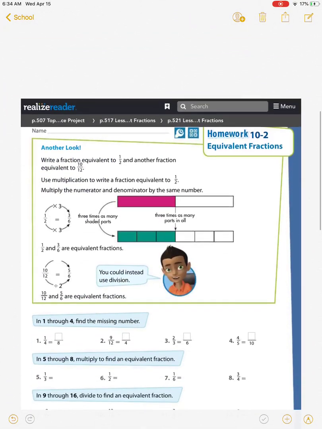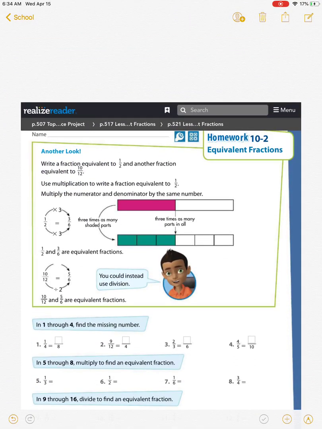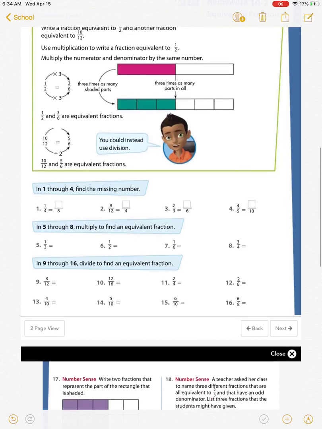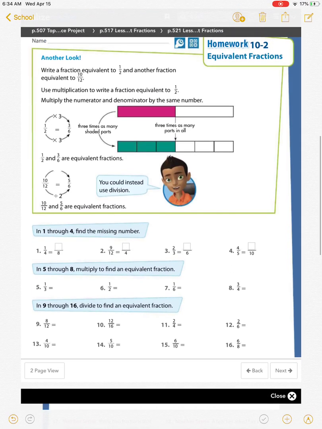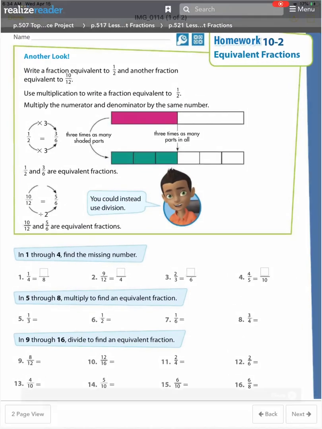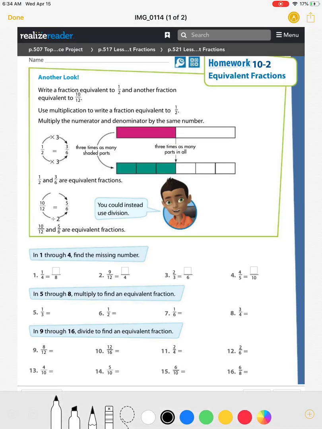Now let's look at our workbook page. In 1 through 4, find the missing number. So we have some missing numerators up here to fill in. So just like the examples I showed you, you can either multiply or divide to find a new numerator and a new denominator.